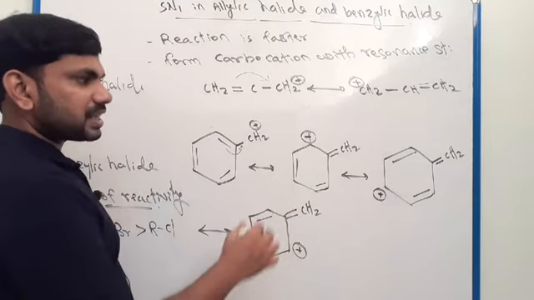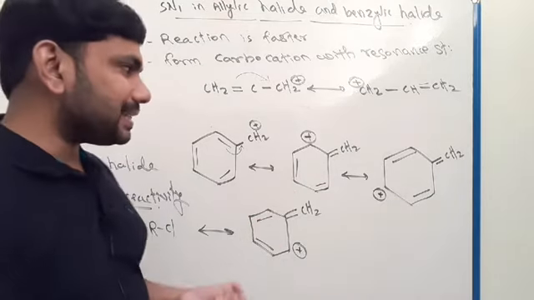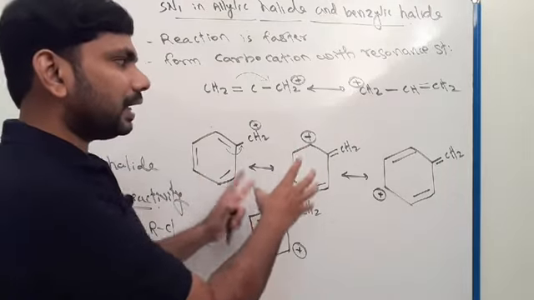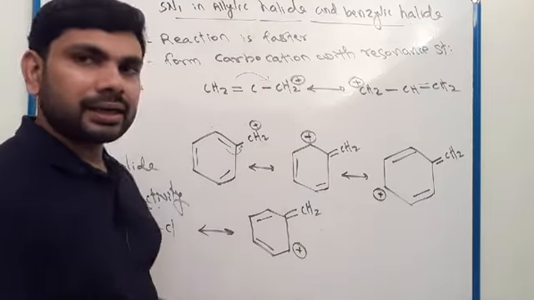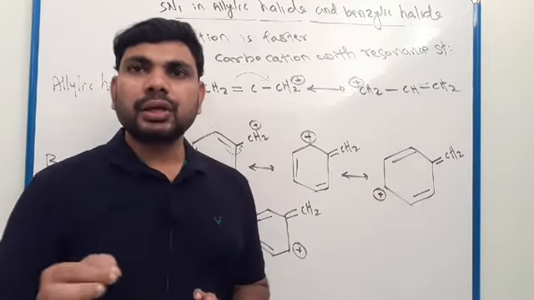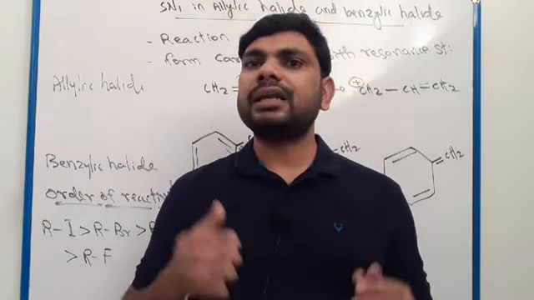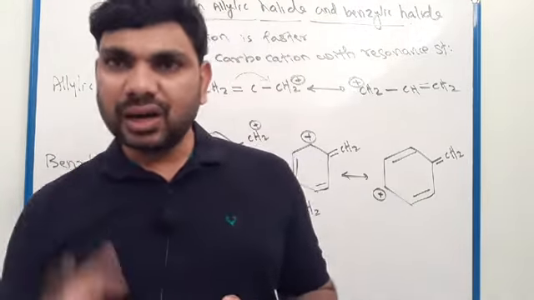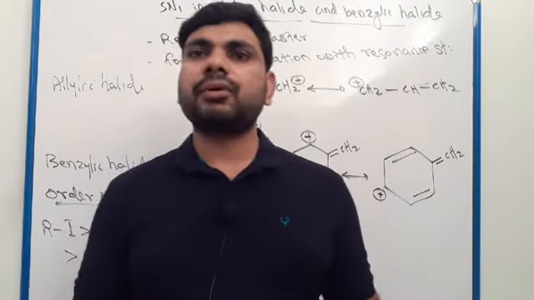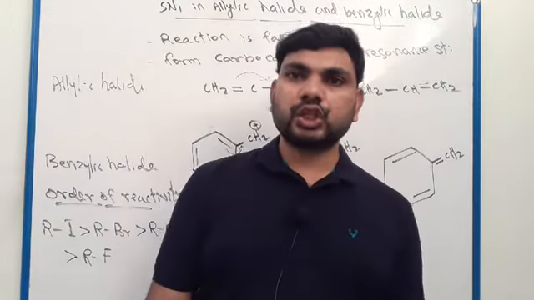This type of resonance happens in benzylic halide, and this is allylic halide. So you have to understand that the SN1 mechanism in allylic halide and benzylic halide is faster. Give reason: they produce resonance structures.